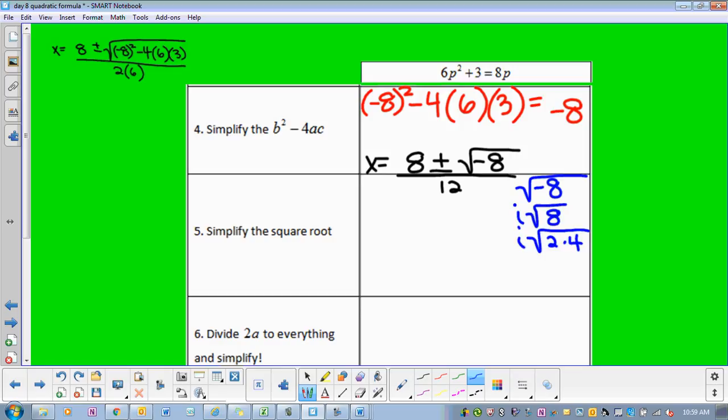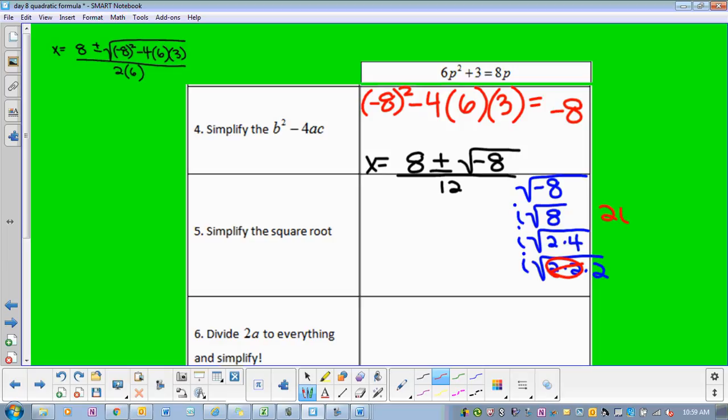I can't break down that 2 anymore, but I can break down the 4, right? 2 times 2 times 2. So, what comes out? A 2, because there's a same group, right? So 2 comes out. What was already out?